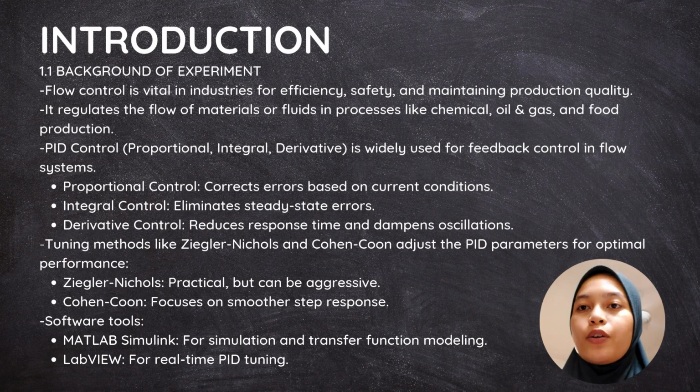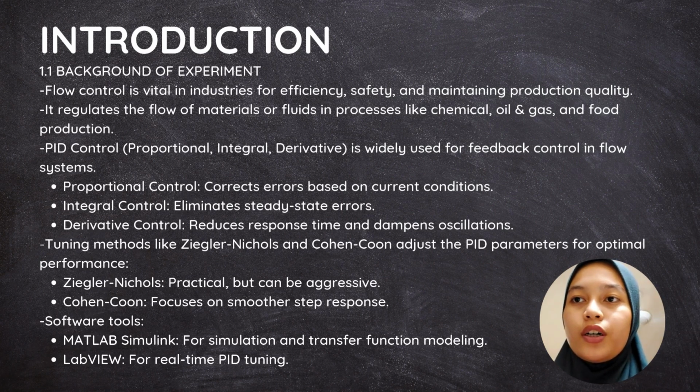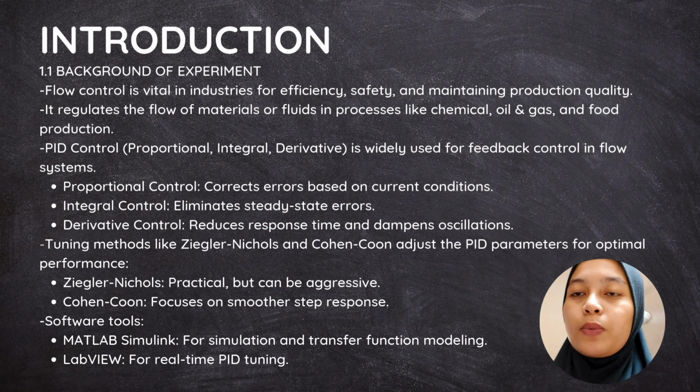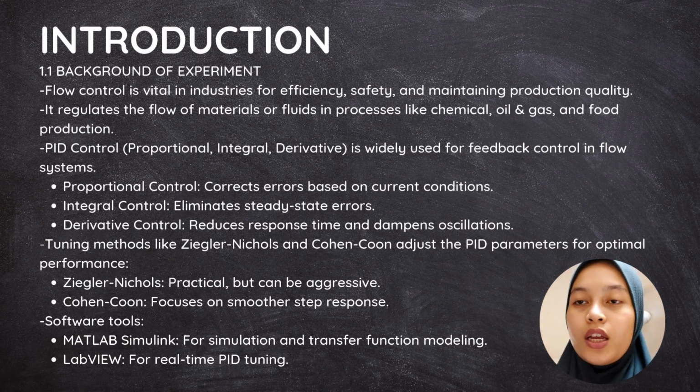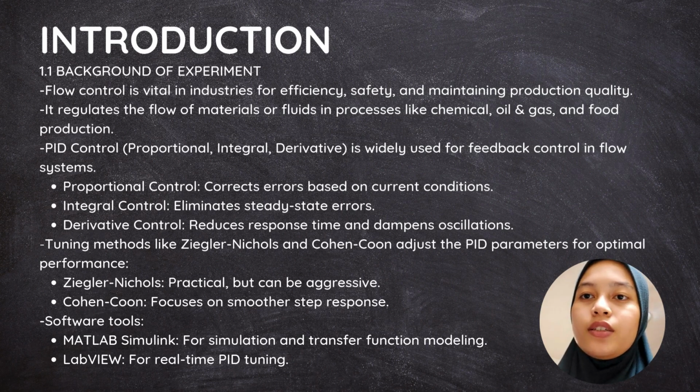PID control, proportional, integral, and derivative, is widely used for feedback control in flow systems. Proportional control corrects errors based on the current conditions. Integral control eliminates steady state errors. Derivative control can reduce the response time and dampen oscillation.